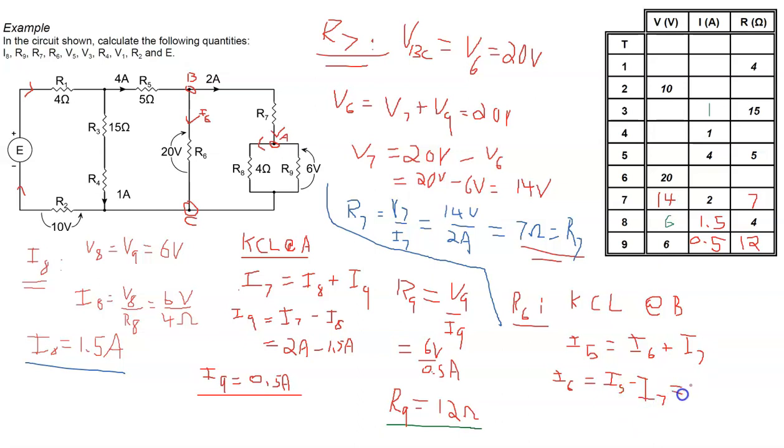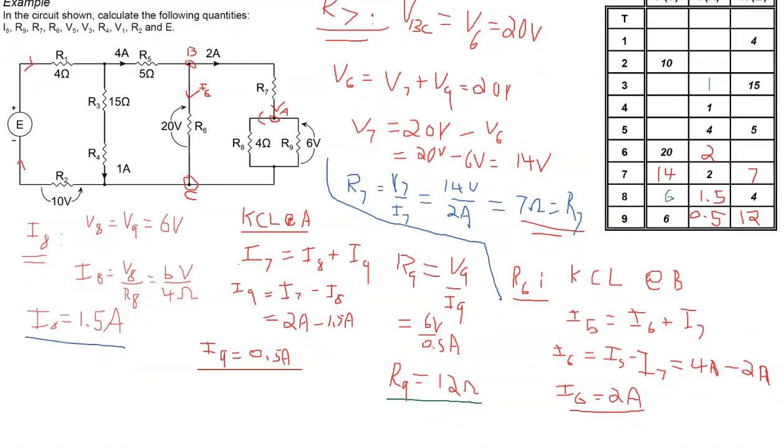And so that current divides evenly, which is the reason why I say the two resistances must be equal. 4 amps subtract 2 amps, and it looks like R's, but there's supposed to be A's there. So I6 equals 2 amps.